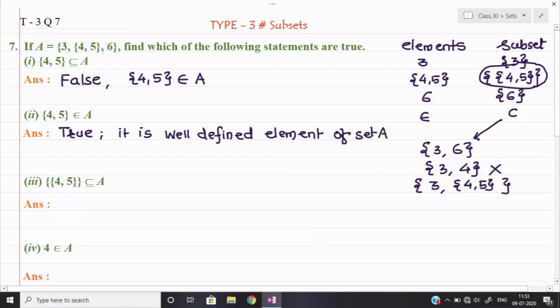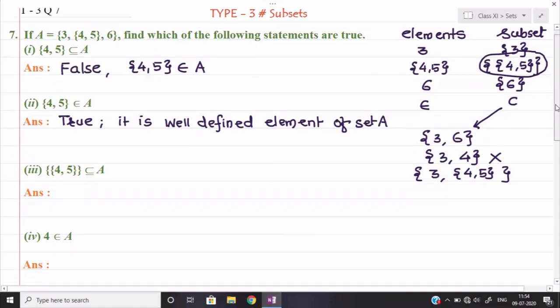Sometimes the language you use may be different, that doesn't matter, but the meaning will be the same only.